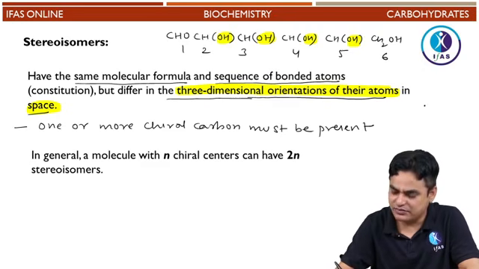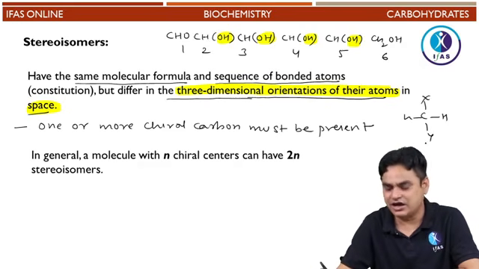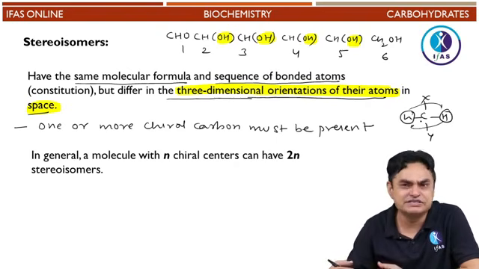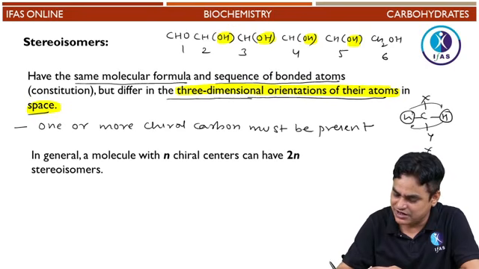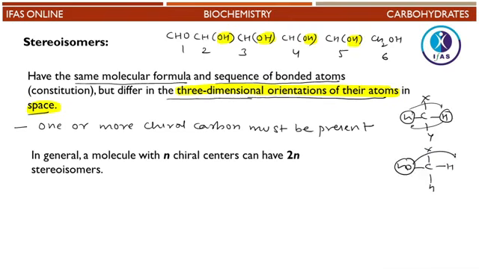Because if there is no chiral carbon, say somewhere you have CHH, this carbon is not chiral, as it does not have different groups X and Y. If you put this H to this side and this H to that side, it doesn't make any sense. But if there is a chiral carbon, say CH and OH, and now you change the position, that is you take OH on this side and H on that side, it can generate a different type of molecule. So what you need is a chiral carbon, where all four functional groups are different.